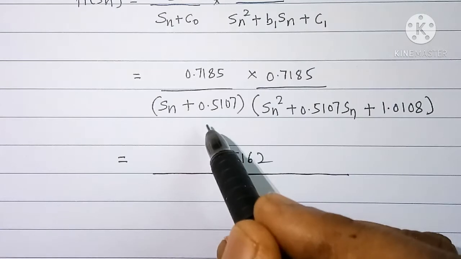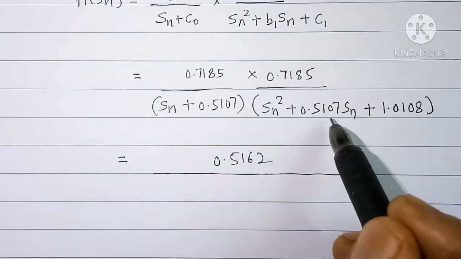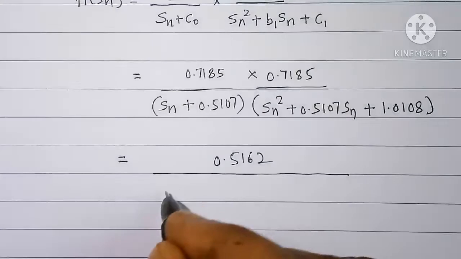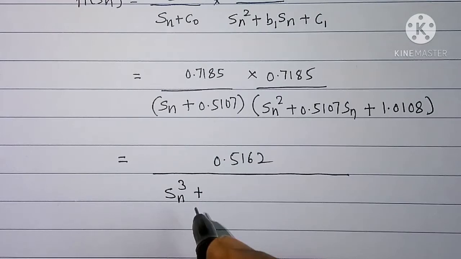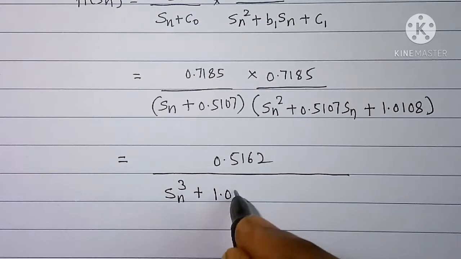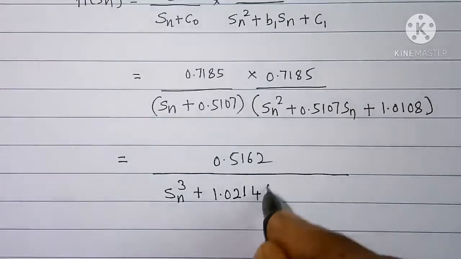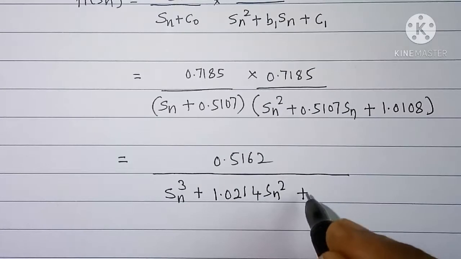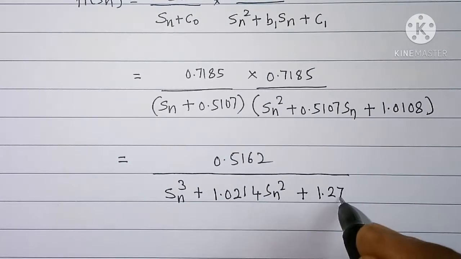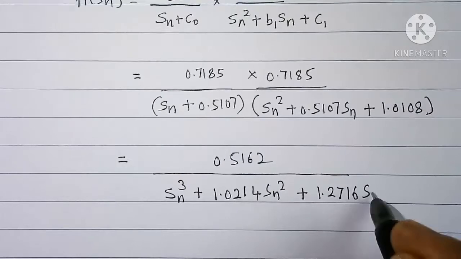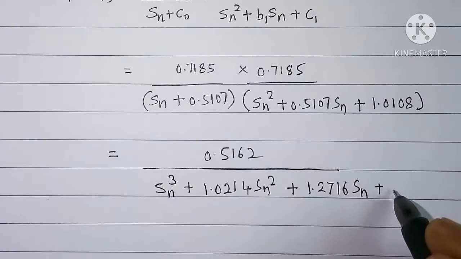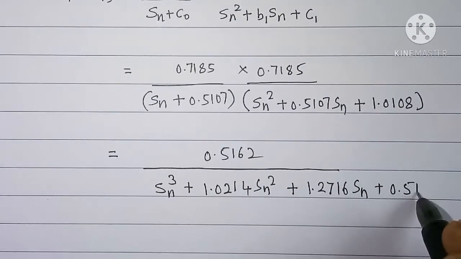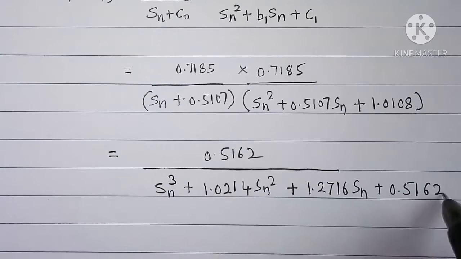Multiplying the polynomials in Sn in the denominator, we get Sn cube plus 1.0214 Sn square plus 1.2716 Sn plus the constant term, which is 0.5162.